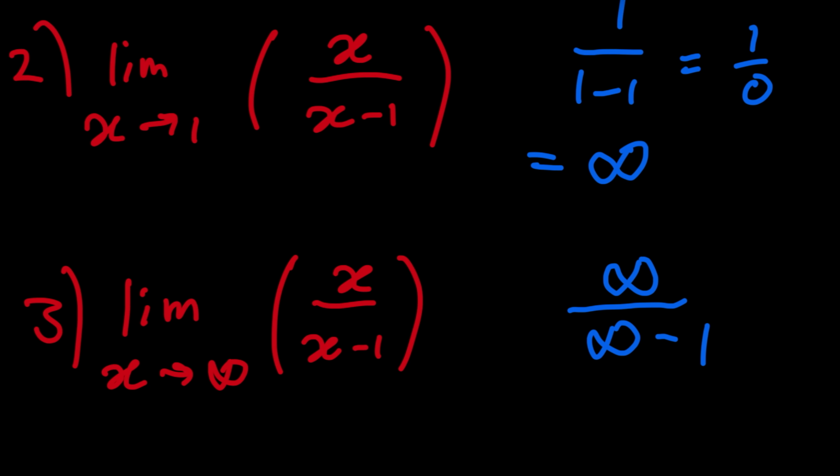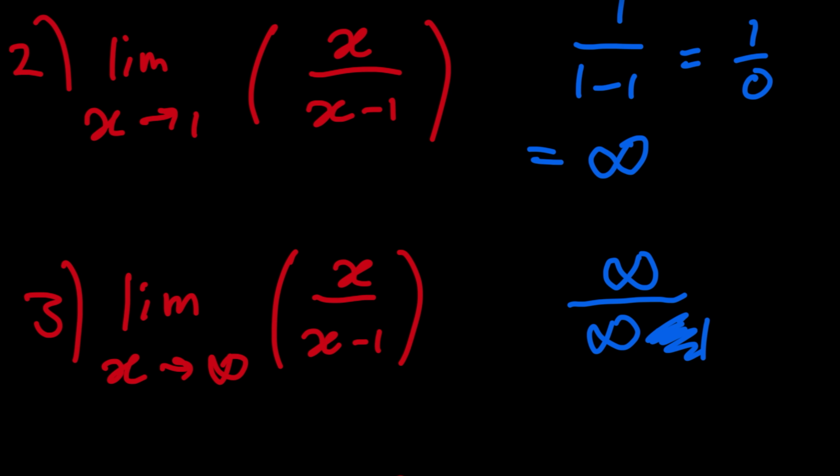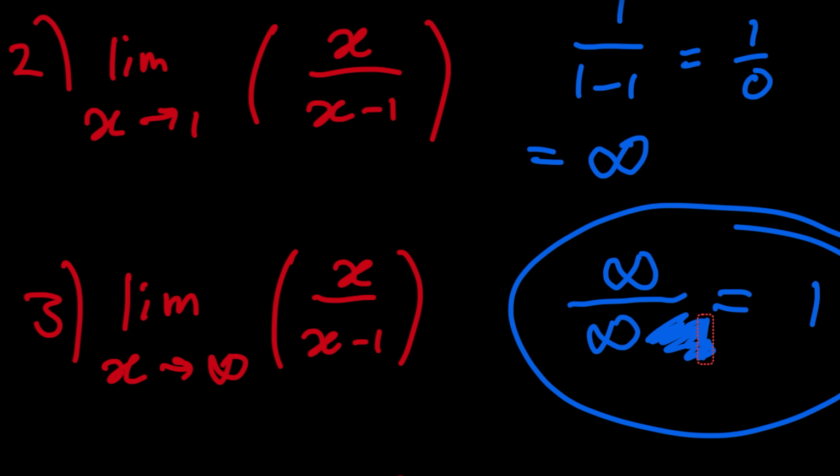Infinity is just a concept, it's a maximum. So we can disregard this 1. So as we can see, now it approaches infinity divided by infinity, right? We can ignore any constants, which means over here it approaches 1. Because any number divided by itself will be 1. So over here, our answer would be 1.